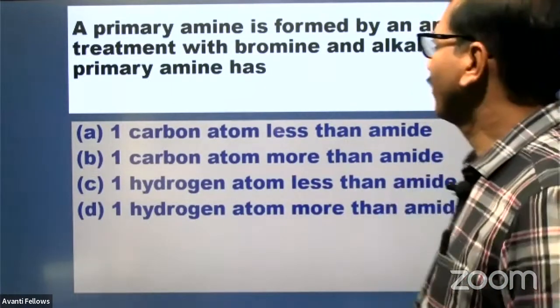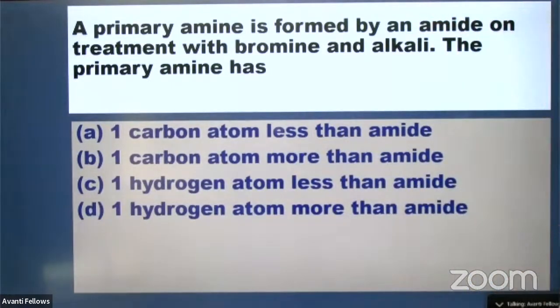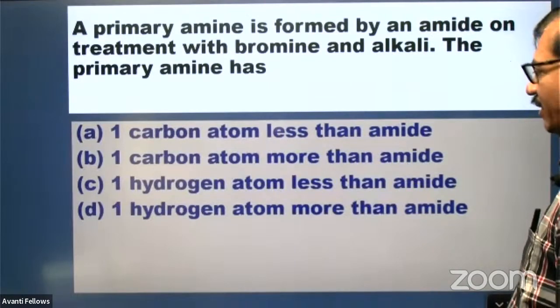A primary amine is formed from an amide on treatment with bromine and alkali. The primary amine has one carbon atom less than the amide. This is about Hofmann bromamide reaction.